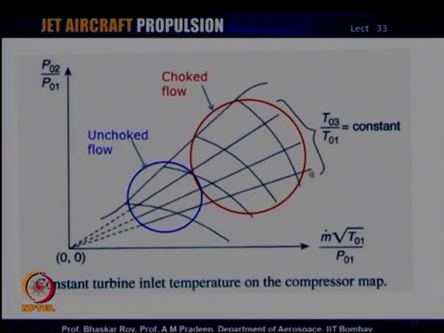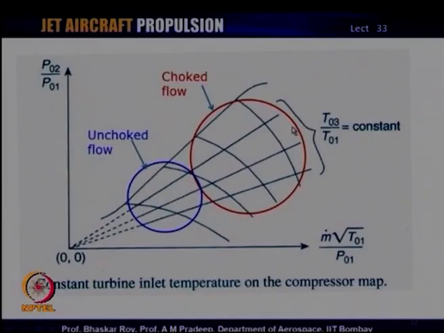So, what we see here is this large portion over here, the engine is likely to be operating at choked flow condition, whereas at the lower compression ratios and the lower mass flows, the engine is likely to be operating under unchoked flow condition. So, by design, a large part of the engine operation is done with choked flow condition through the nozzle and turbine, and the compressor is not choked, but it simply says that the engine is operating under choked flow condition, and that is shown here on the compressor map.